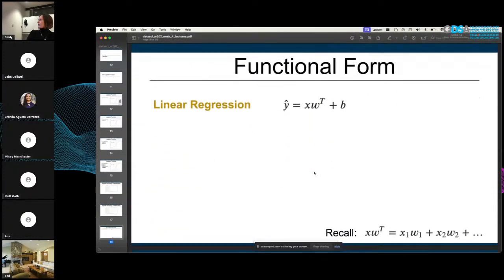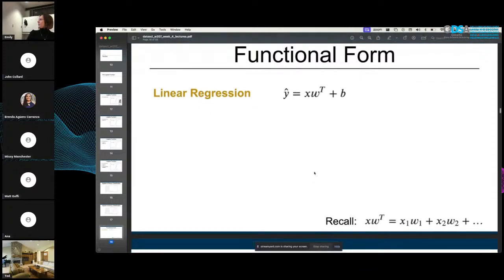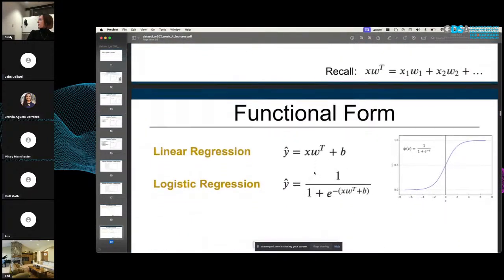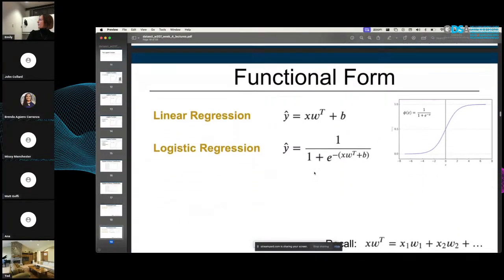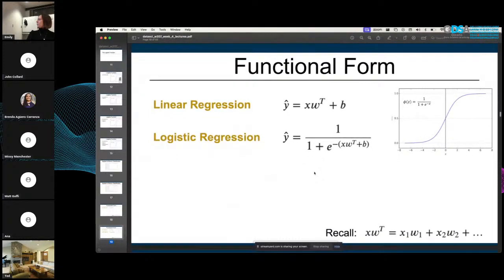I'm not going to go through the functional formula here, but there is one interesting thing that I do want to note, which maybe I'll rewrite on the whiteboard because it's going to be hard to describe here.